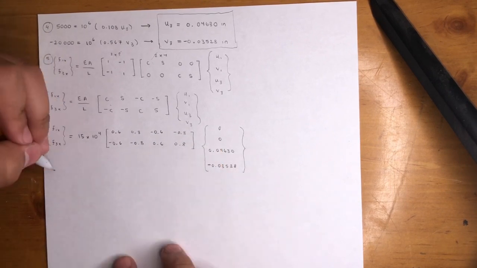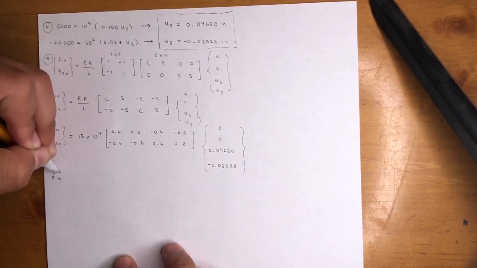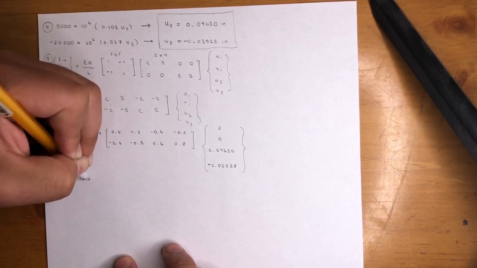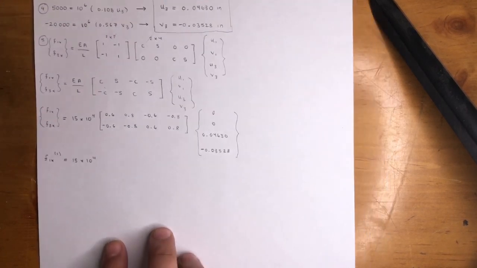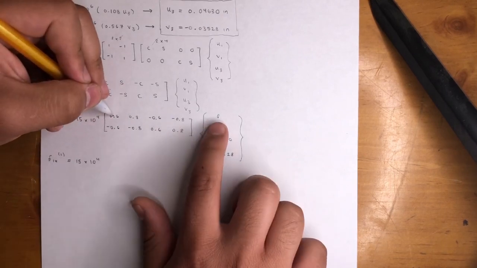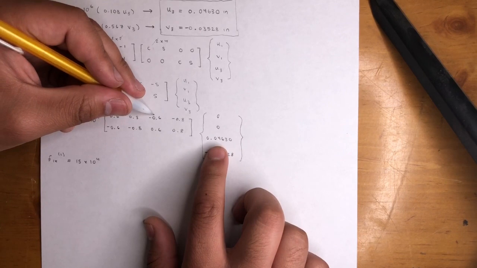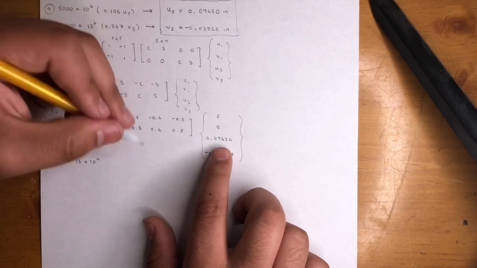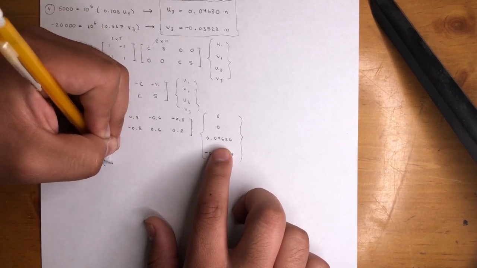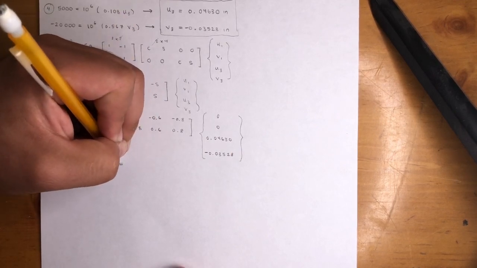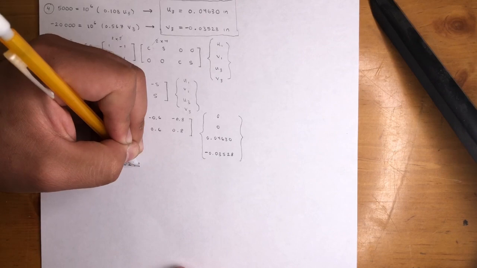So we're gonna go ahead and solve for that, right? So f1x of element 1 is equal to 15 times 10 to the 4. We're gonna have 0.6 times 0, 0.8 times 0, negative 0.6 times 4630. So that's gonna be negative, let me look at my number here, 0.02778.